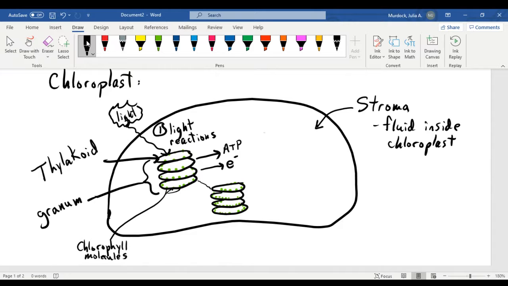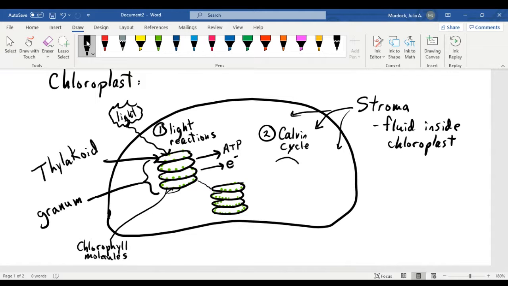Stroma is the place where the second part of photosynthesis happens, which is called the Calvin cycle.